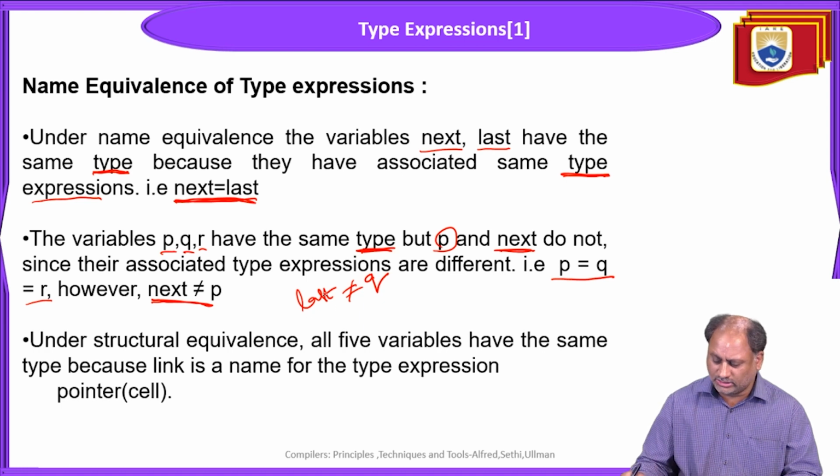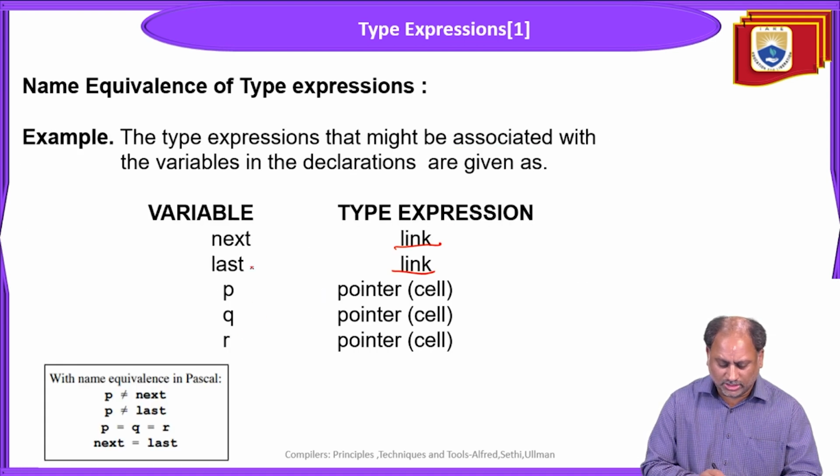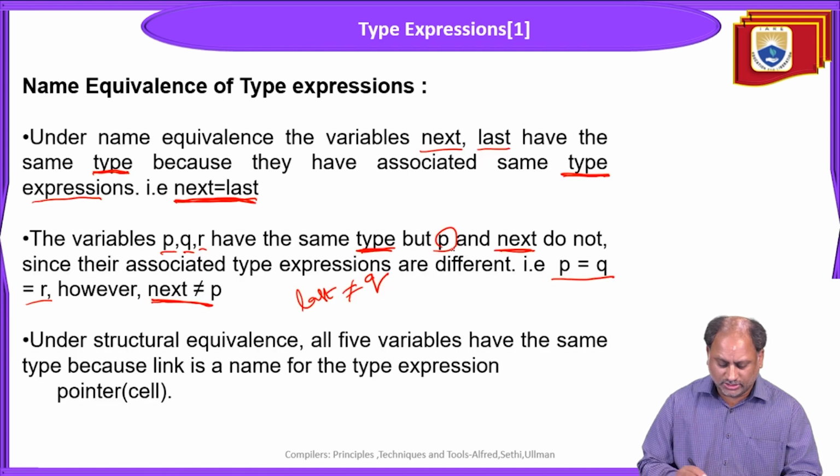Because last belongs to the link type, so the type expression is link, and according to the given declaration, Q is pointer of cell. This is one type expression, this is another type expression. Both do not match. That means the names of the type expressions do not match.